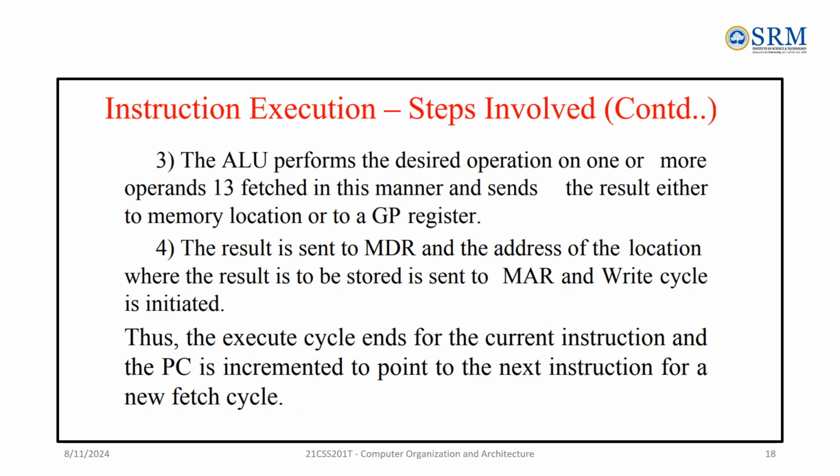Then to fetch the next instruction, what happens in the program counter is, once the first instruction is pushed into the MAR, the next instruction address is loaded into the program counter. Usually the instructions are loaded in consecutive memory locations, so PC will be PC plus 4.